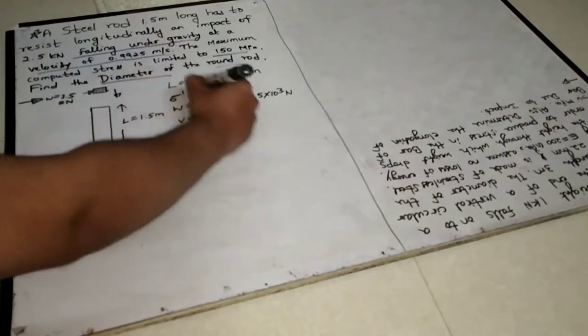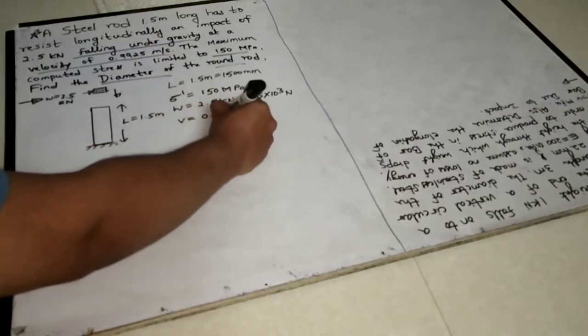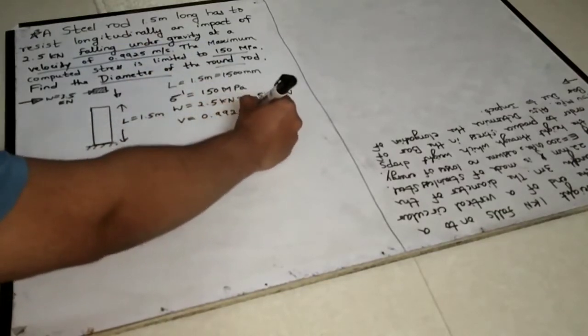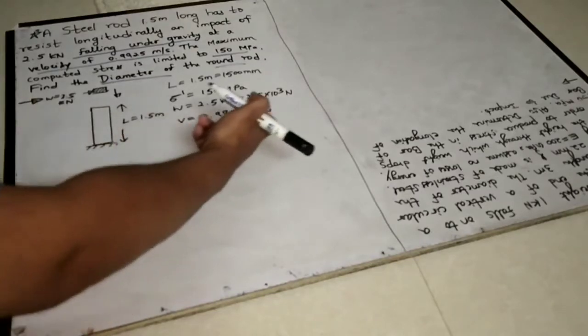And what else? Yes, students? Anything else is given? Velocity V, this is falling with some velocity V equal to 0.9925 meter per second. So that's it. This data is given to us, right? Now let us look at what we studied so far, then we'll come to what is the use of this.